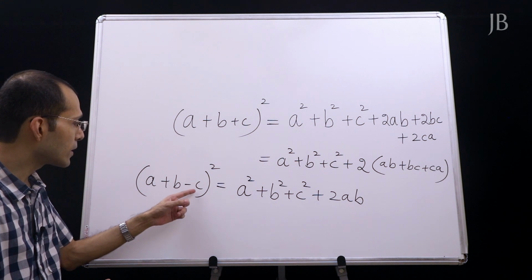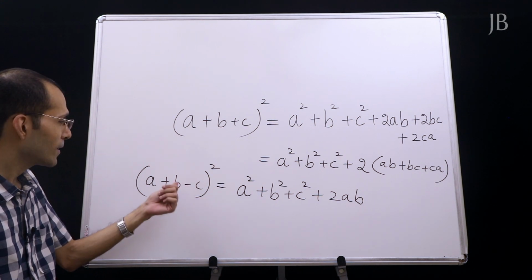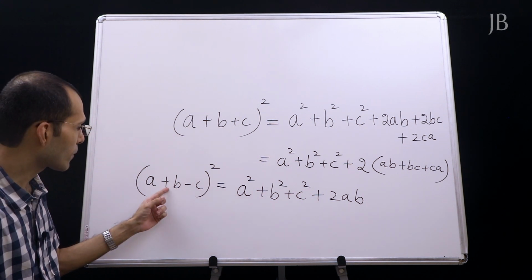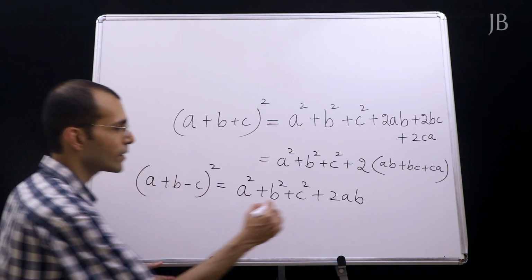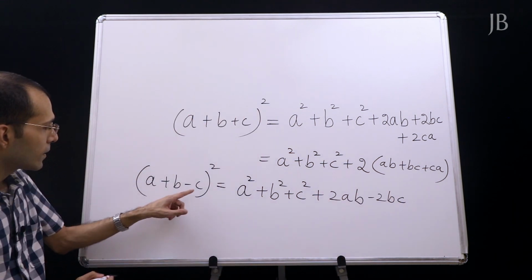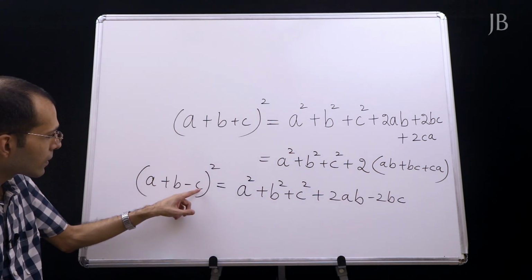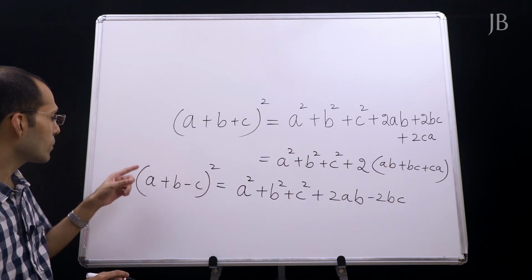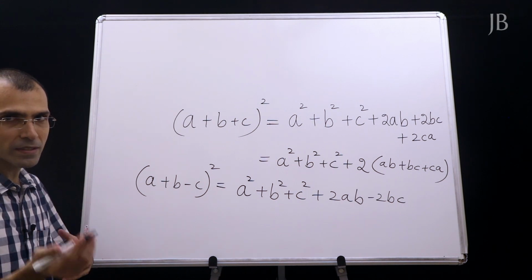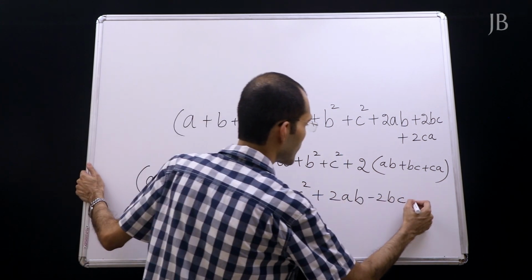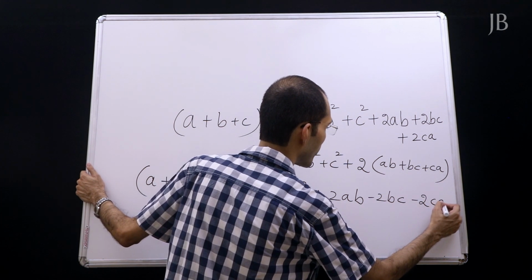Second term into third term into 2. So b into c into 2, that is 2bc, and positive into negative is negative. So minus 2bc. Then what we had told you? Third term into first term into 2. So c into a into 2, that is 2ca, and negative into positive is negative. So minus 2ca.